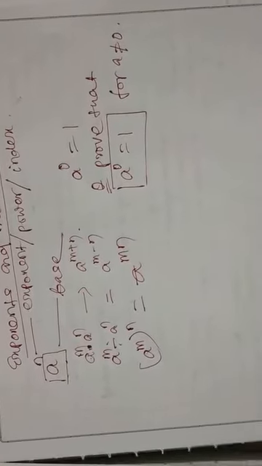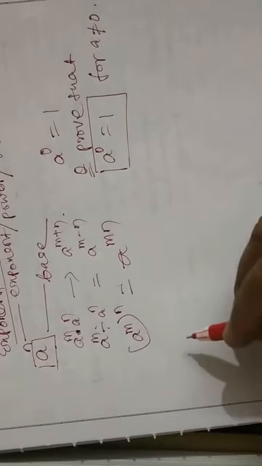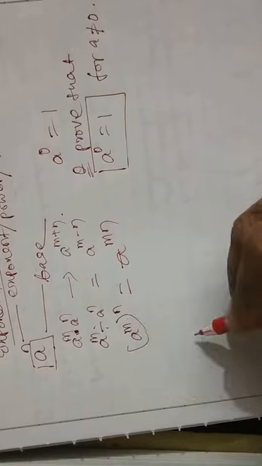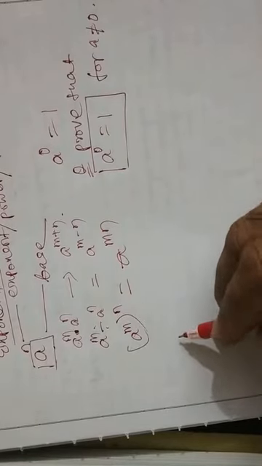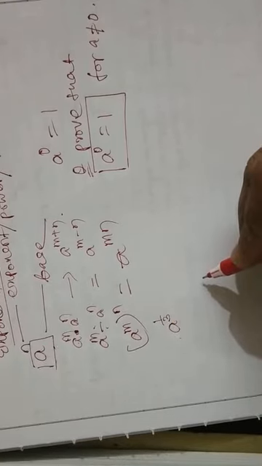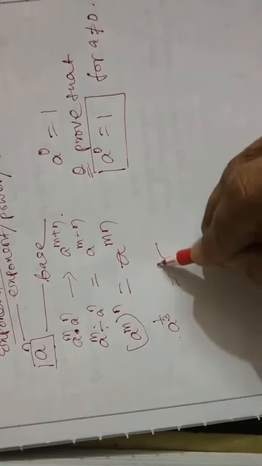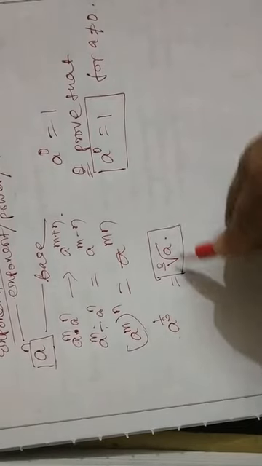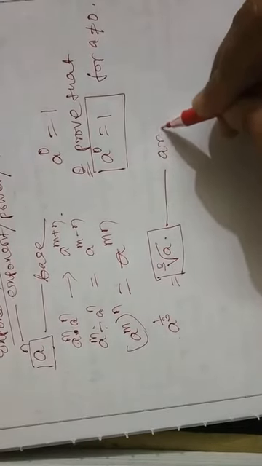Okay, now if the power becomes a root, means a to the power 1 by 3, it is root cube, right? This is known as a radical.